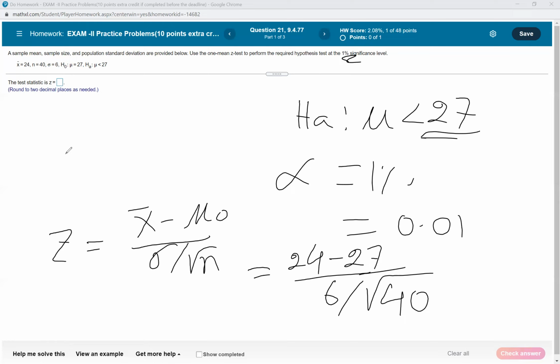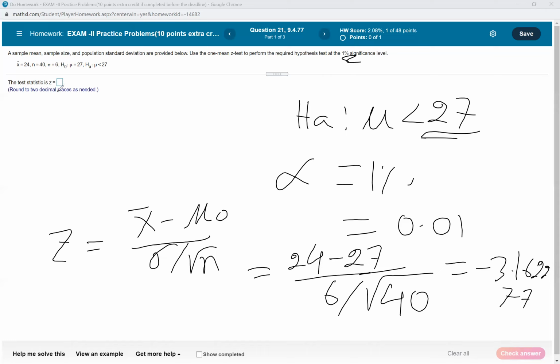Okay, so after simplifying this, 24 minus 27 divided by 6 over square root of 40, I found negative 3.16227. But how many decimals do we need?